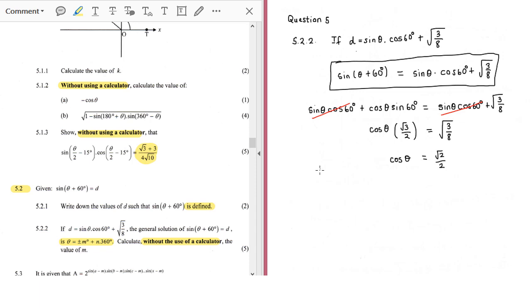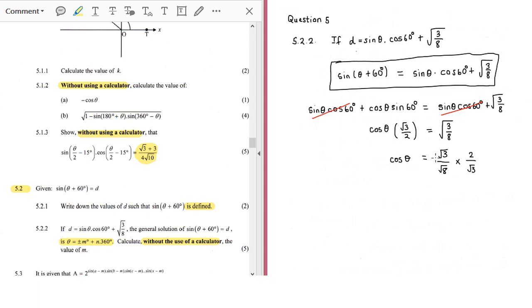All right, so we know that if they say without the use of a calculator, we basically need to show all of our steps. So it is technically incorrect for us to go straight into writing this answer. We would have to say the square root of 3 over 8, which we know is basically the same thing as the square root of 3 divided by the square root of 8, and then that has to be further divided by the square root of 3 over 2, or just multiplying by 2 divided by the square root of 3.